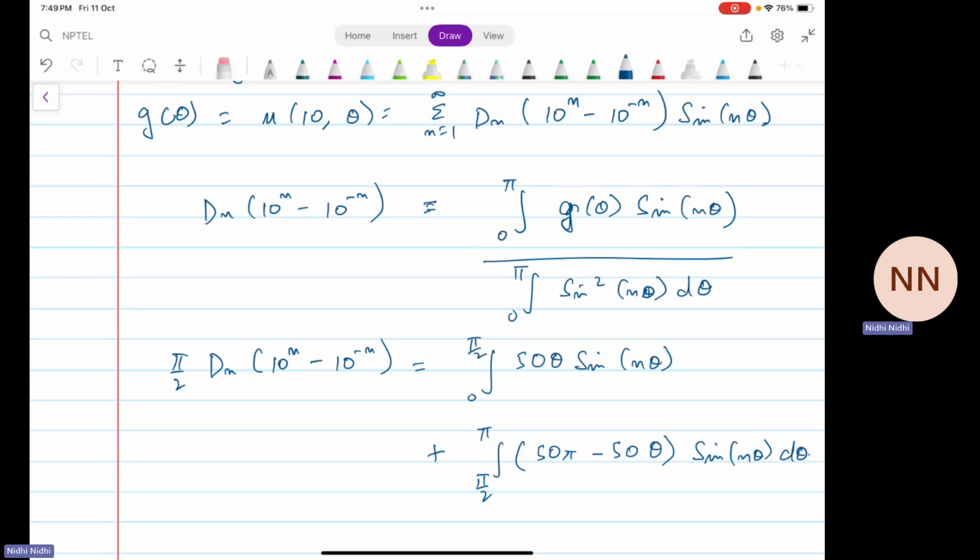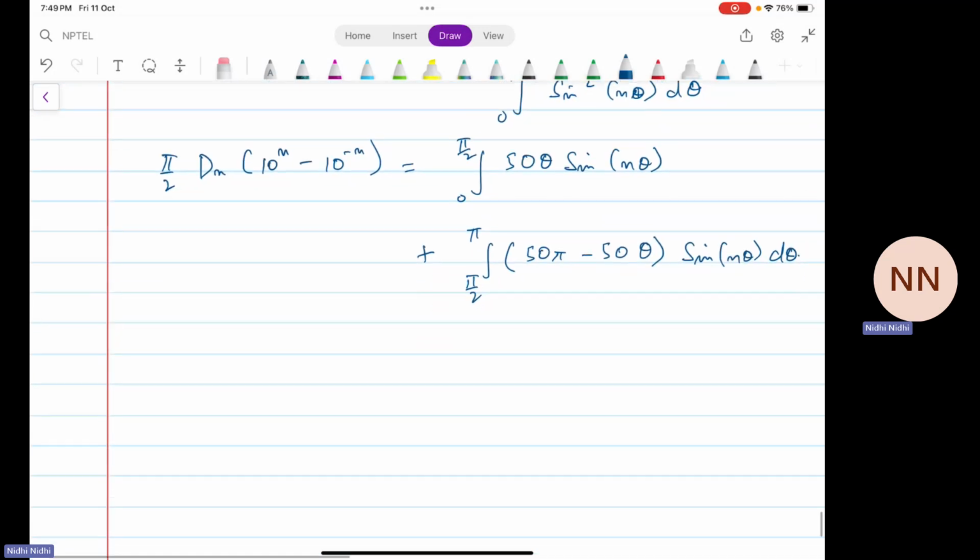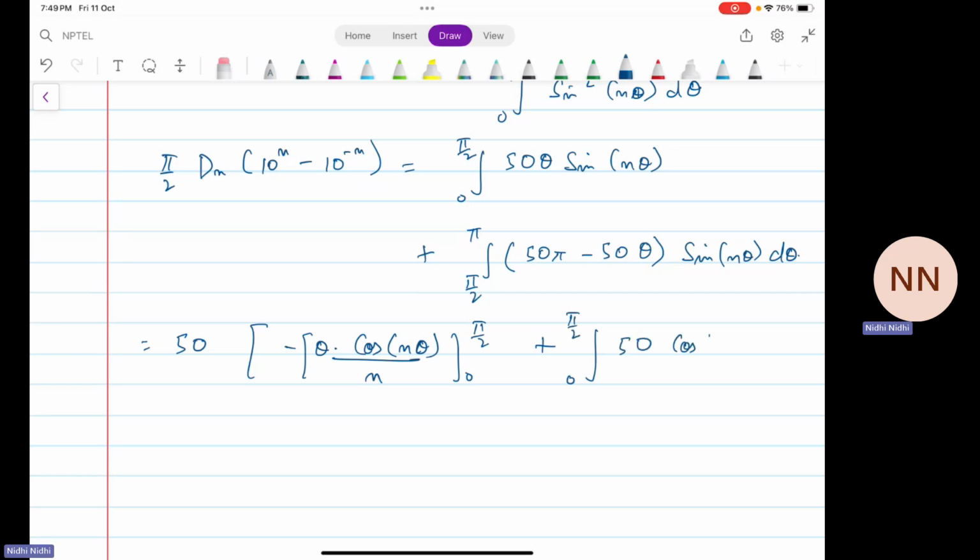So we basically need to use integration by parts. So this is 50 theta as it is, times minus cos n theta by n, from 0 to pi by 2, minus integration 0 to pi by 2 of 50 times minus cos n theta by n d theta.